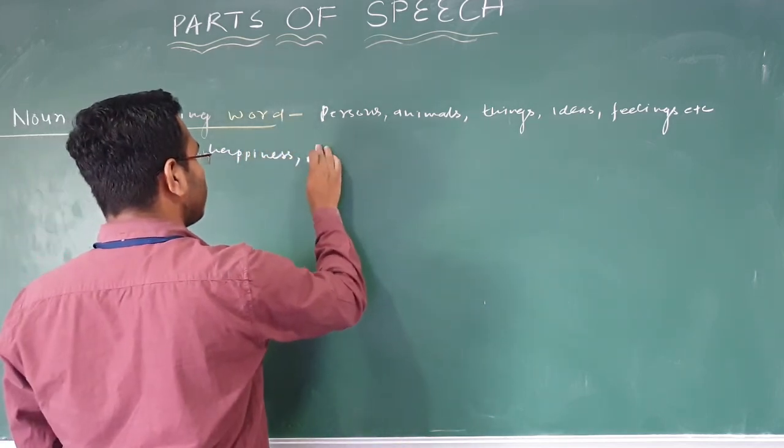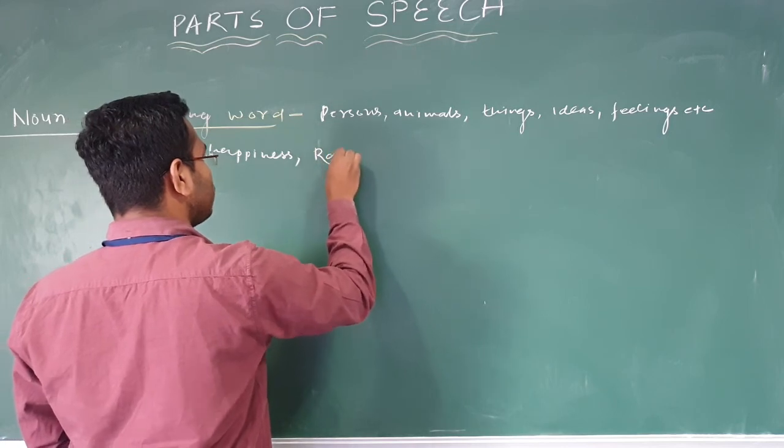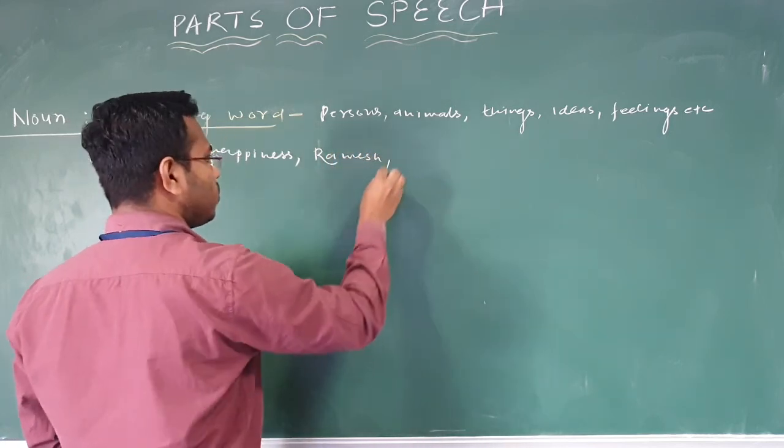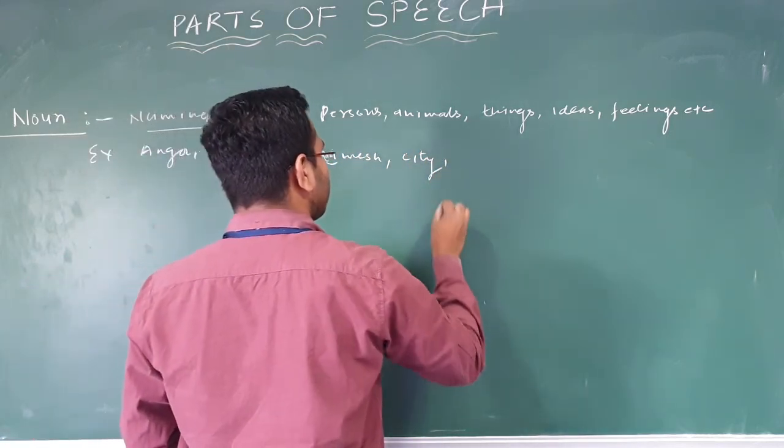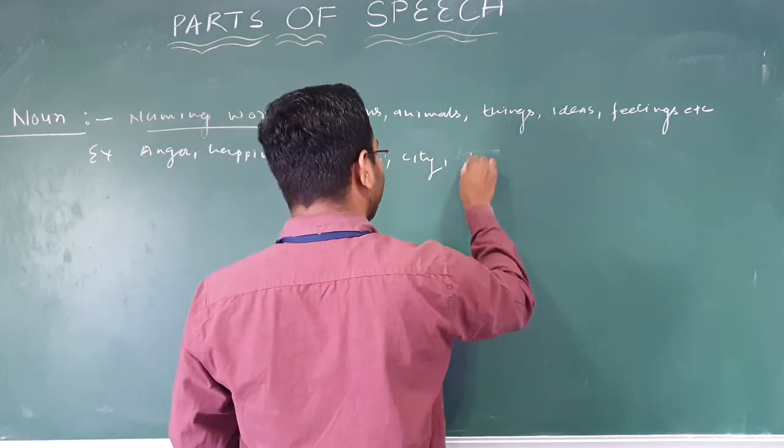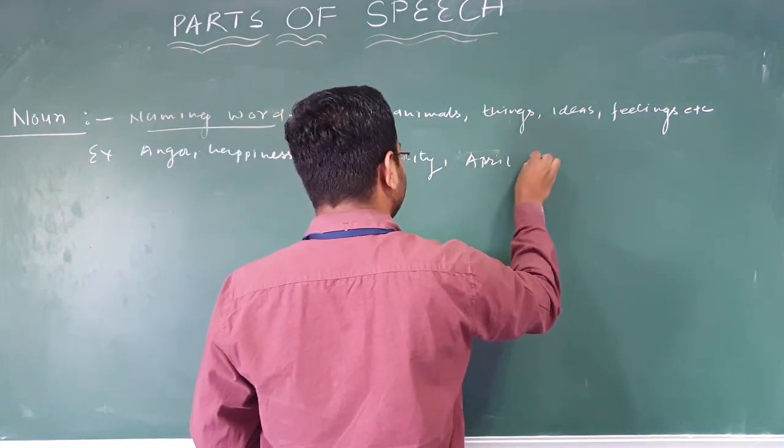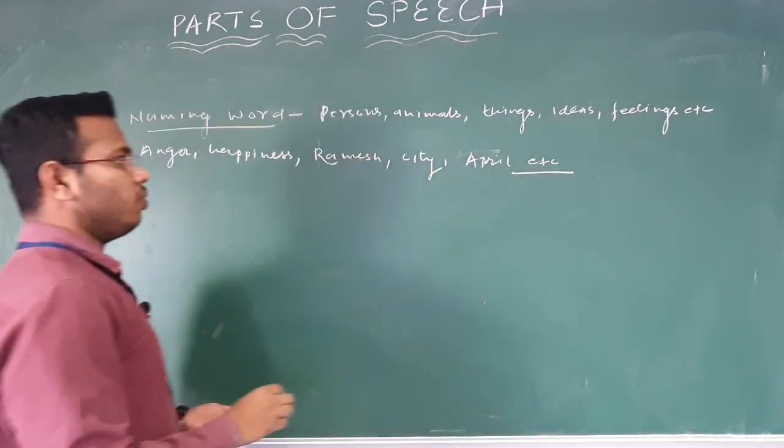Name of a person, let us say Ramesh. City, month name April. All these are names, that is, nouns.